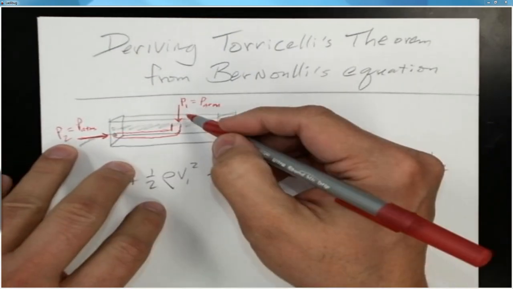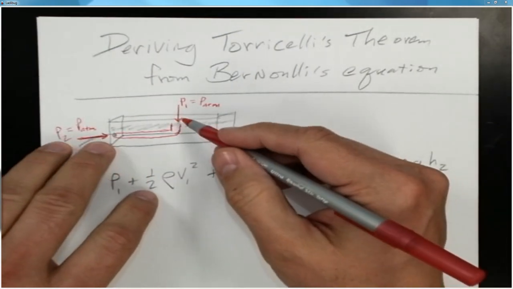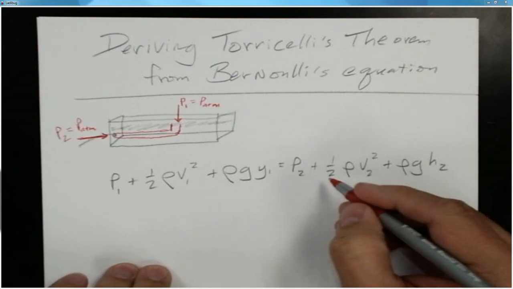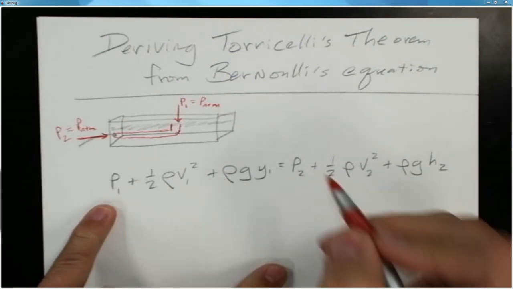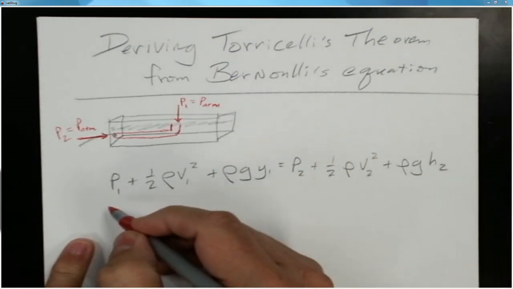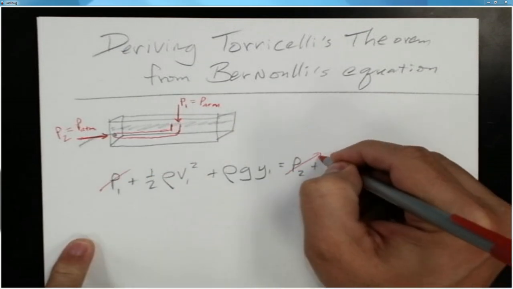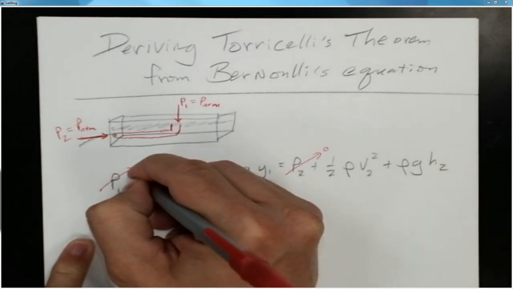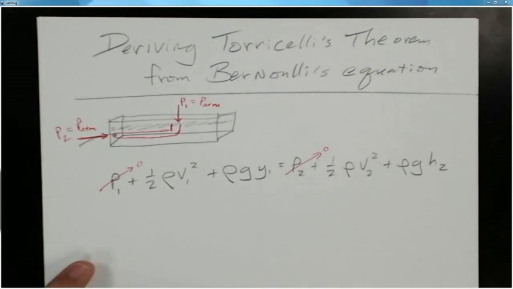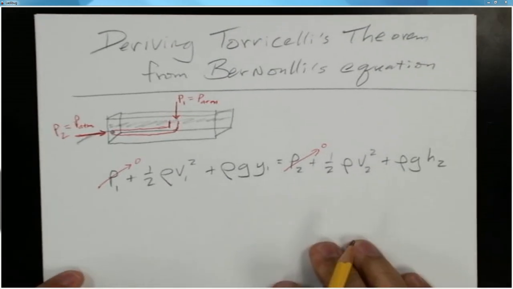And so we've got atmospheric pressure here and here, which means that in our equation, P1 and P2 are equal. If I were to subtract P2, it would cancel with P1 because they're the same thing. So they're going to become 0. That simplifying assumption is really important.